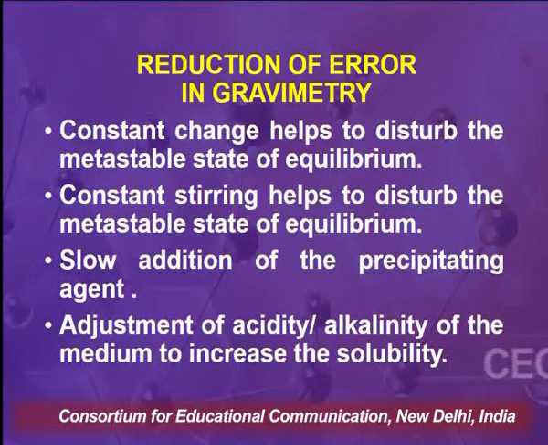So, the addition of the precipitating agent should be done very slowly with the help of a dropper. The alkalinity or acidity of the solution or the medium can be adjusted to increase the solubility of the precipitate in hot solutions, so that they can be easily precipitated out in cold.